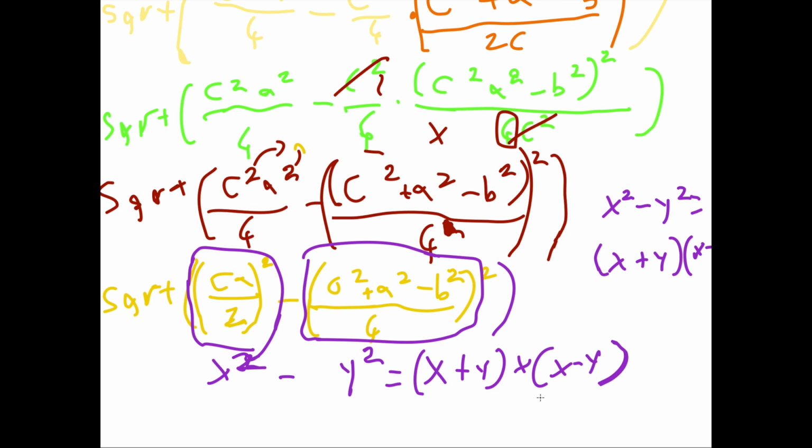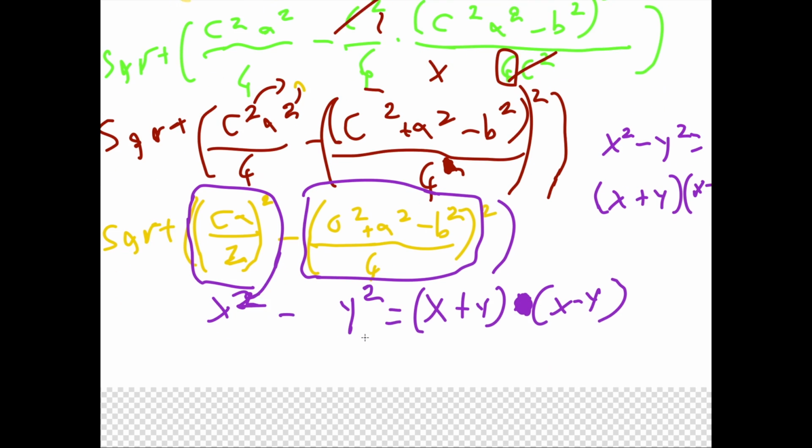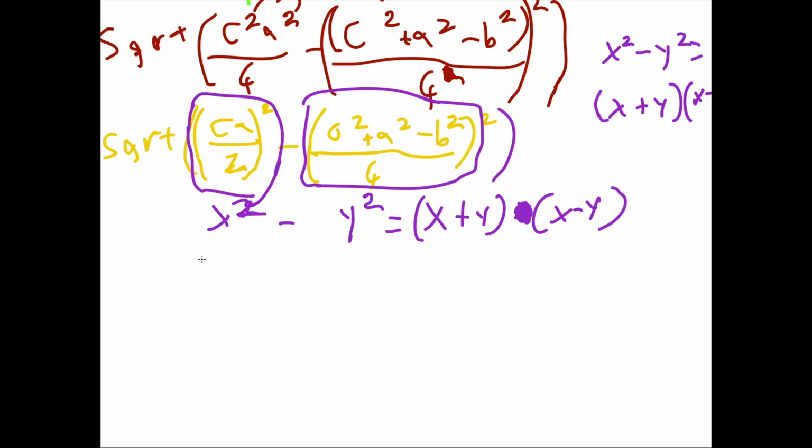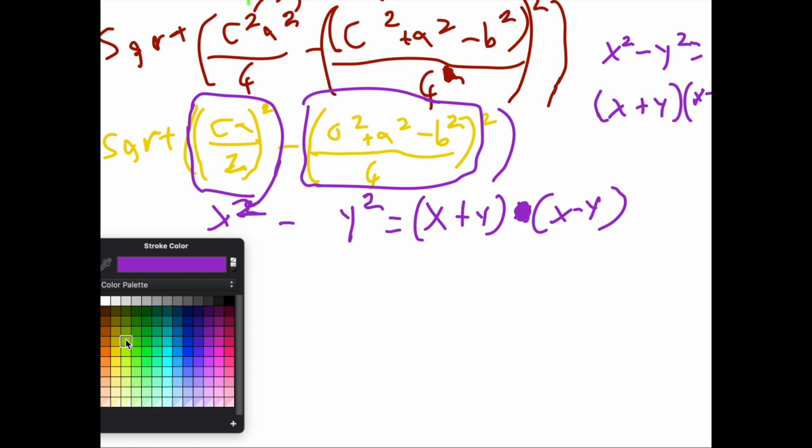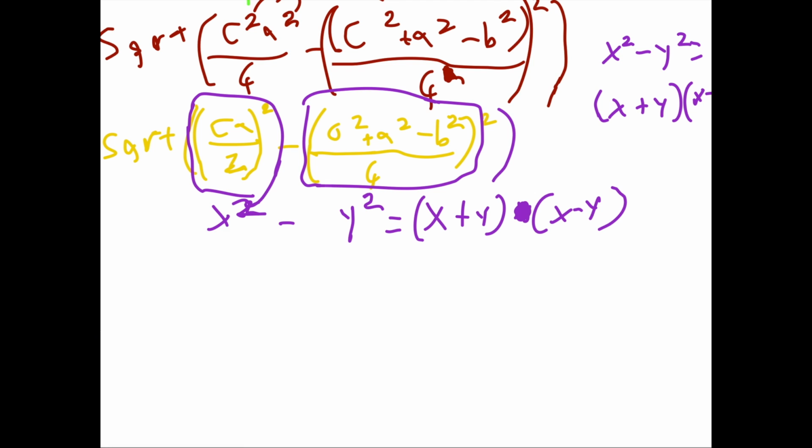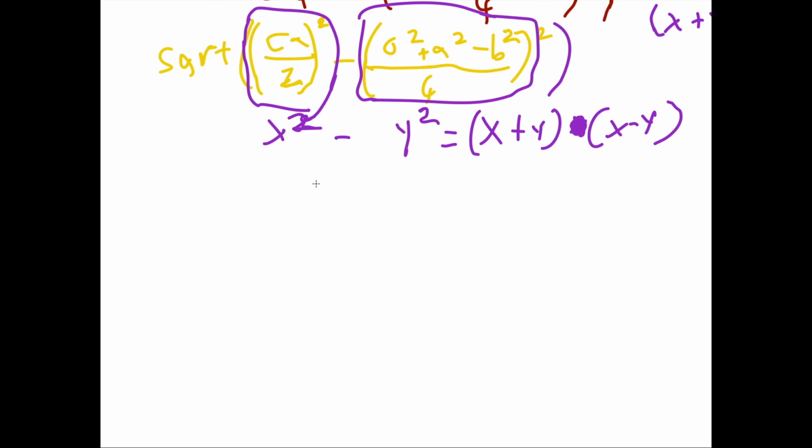There we go. Of course, no one writes times these days, I'm just going to do a little dot there. Okay, so if we do that, it kind of simplifies. And I'm just going to change color, something dark so you can see, and scroll over here.